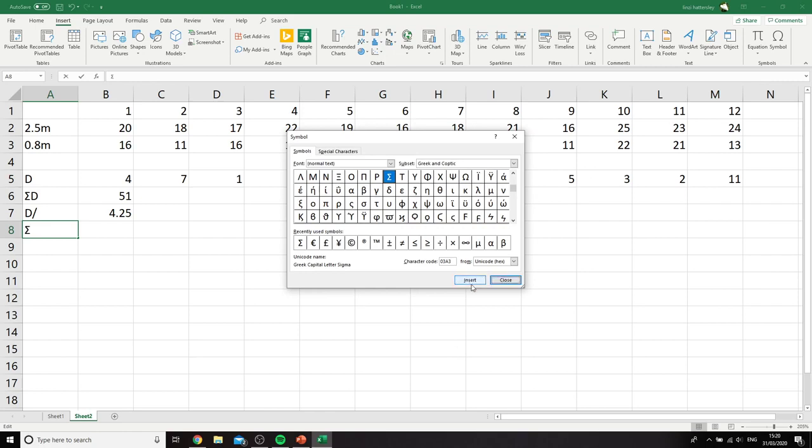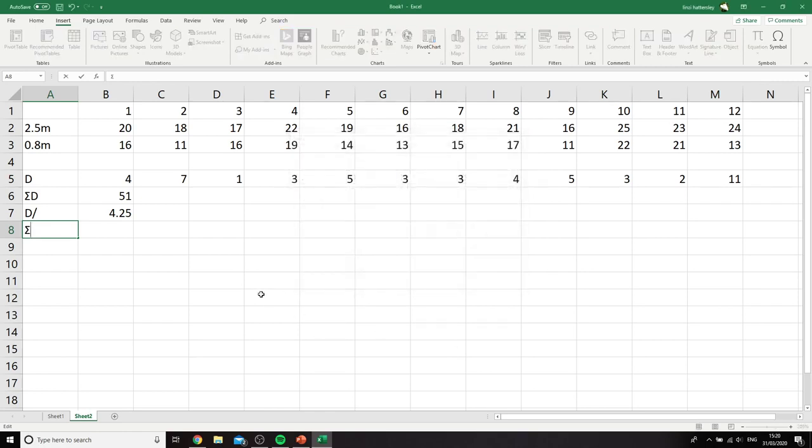You're also going to need to work out d minus d bar squared. So what you're going to do is press equals, open the bracket, d minus d bar.